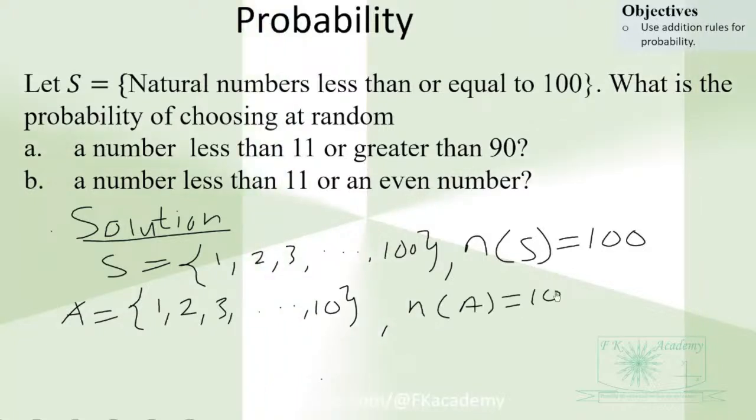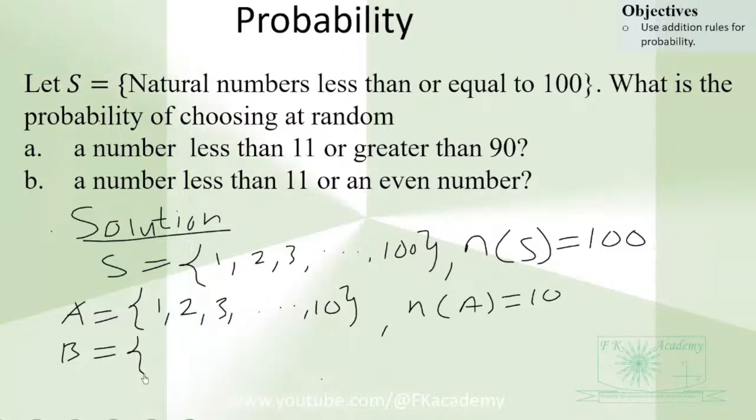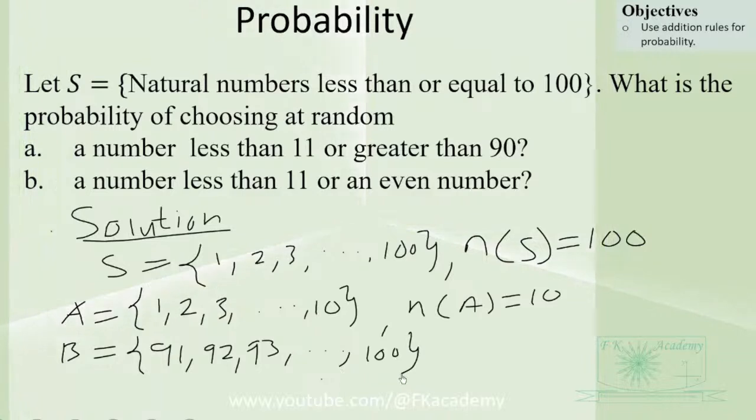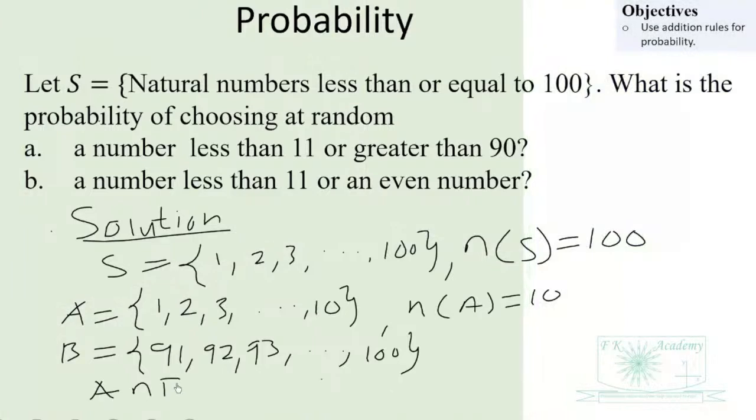Then we let the event B be equal to number greater than 90. So we have 91, 92, 93 up to 100. So we can see clearly that A intersection B is a null set.